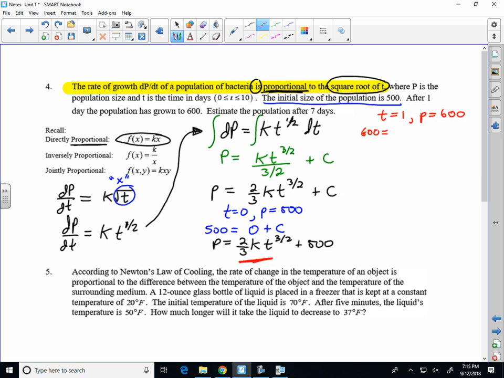Replace the t with a 1. 1 to the 3 halves is what? Yeah, it's just a 1. If you multiply that by 2/3 k, it's just 2/3 k, plus 500. So we substituted into these two conditions, and that gave us this continuation. Then we could solve for k. And what do we get for k?